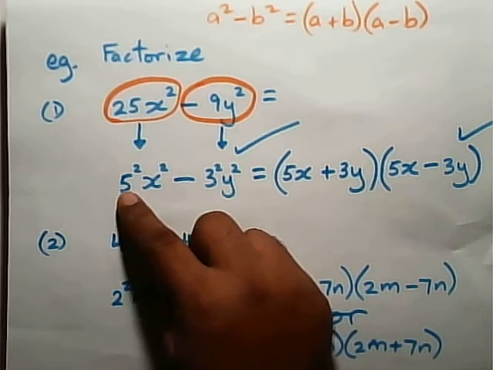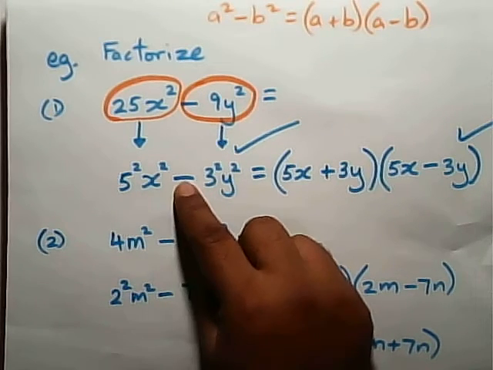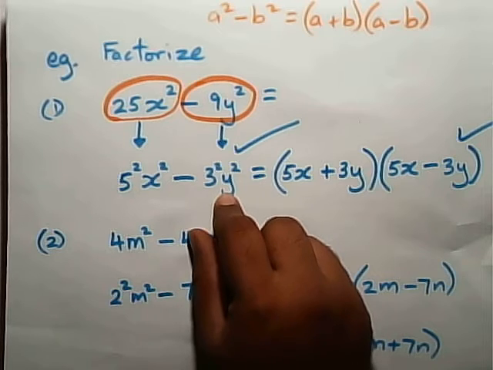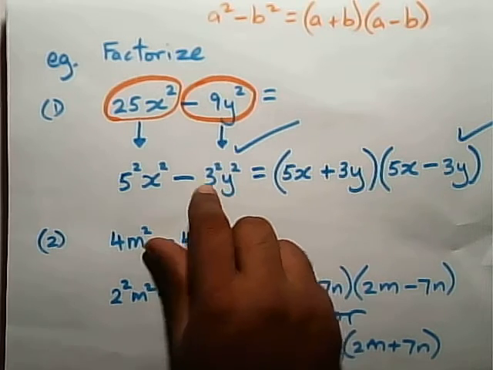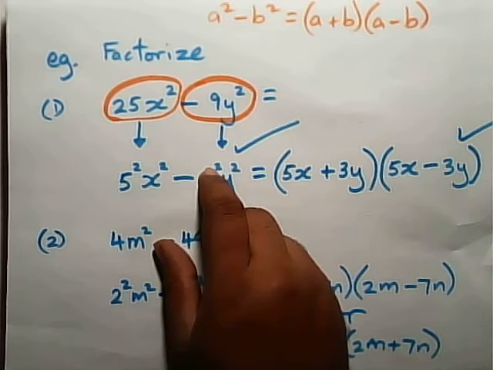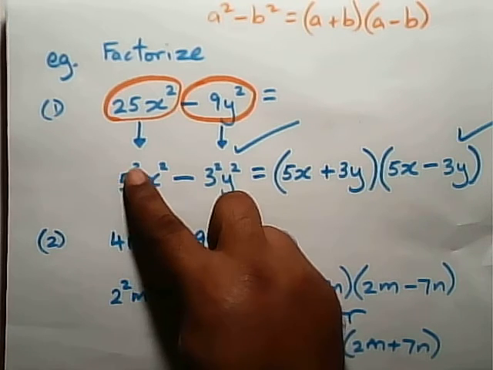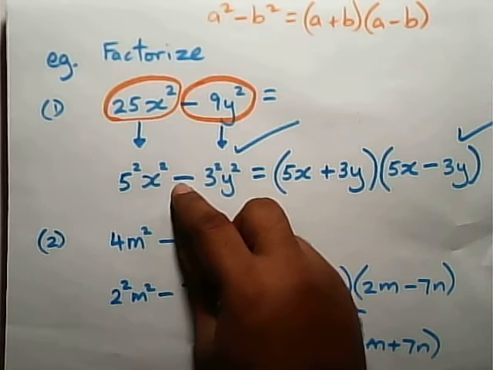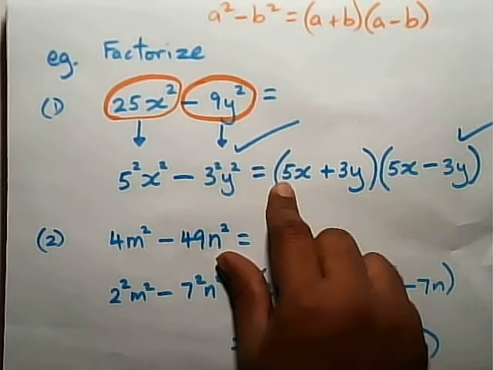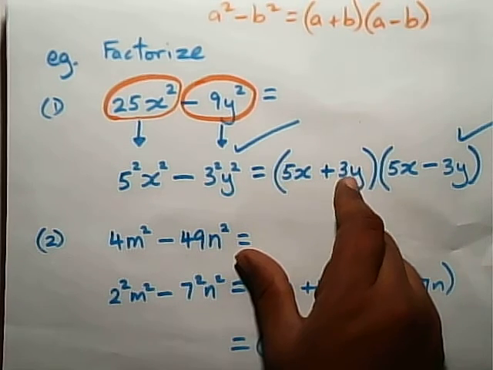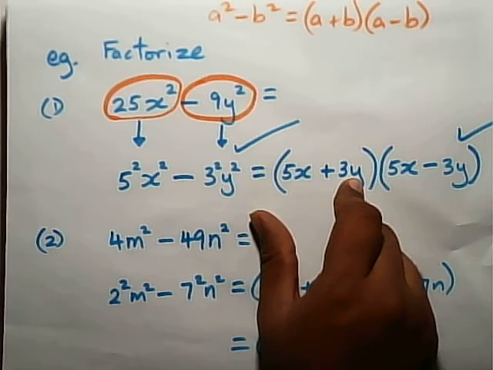Now that we have squared stuff, take away other squared stuff, you can use the formula, which is remove the little 2's on the top and just add them. So it will be the 5x add 3y. Look at it here. 5x add 3y, because we're leaving out the squared symbol.